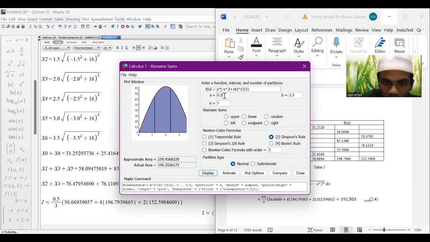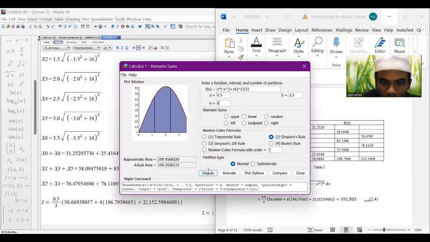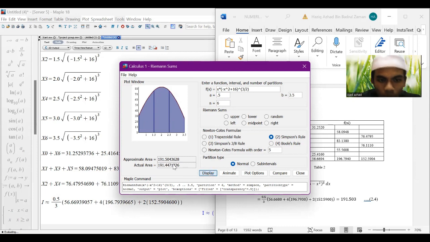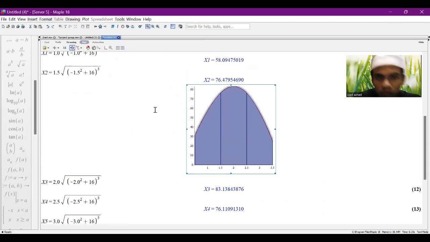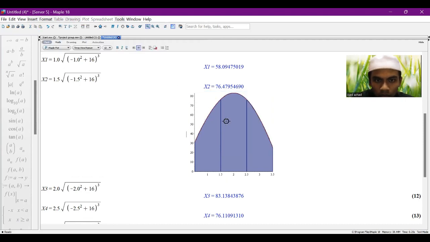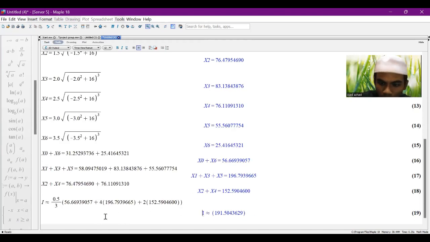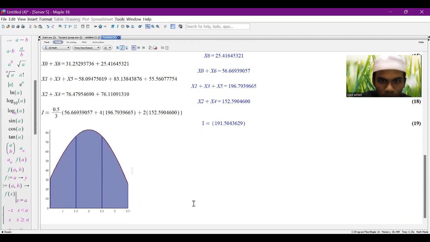I'm sorry, 0.5. The n is 6. Okay, we will get the value, approximately area 191.504. So this is our result. Okay, so that's all for the Simpson simulation. Thank you.